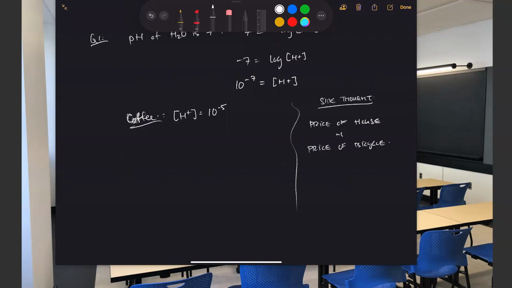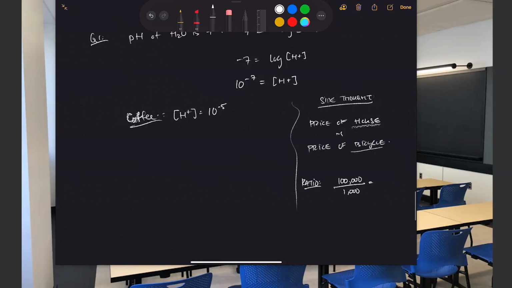Why do I choose these two things? Well, because a house is way, way more expensive than a bicycle, but we want to compare these two quantities. What I might do, instead of just showing the difference between the two, is I might show the ratio. So I might show that I have a $100,000 house versus a $1,000 bicycle.